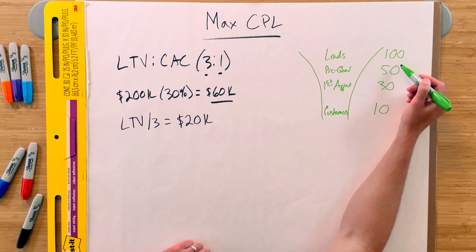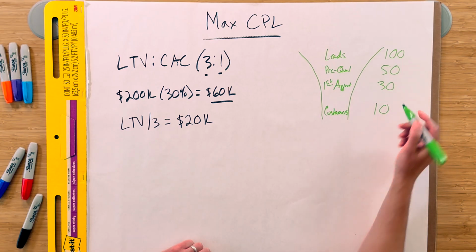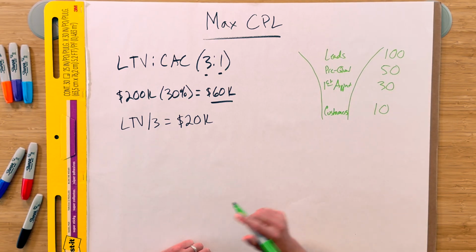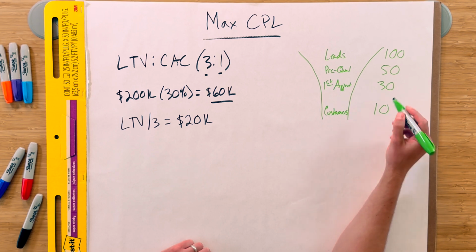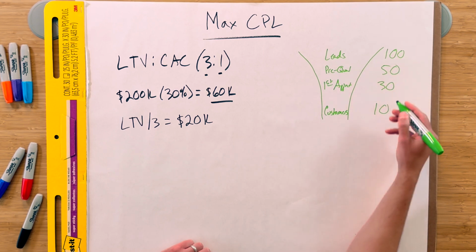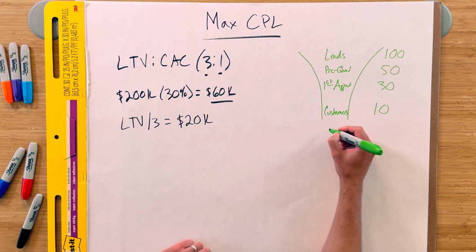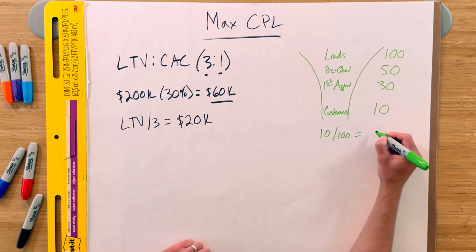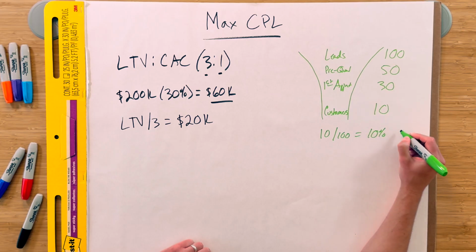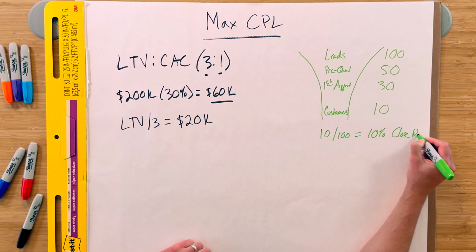You actually don't need all of these numbers if you want to do a quick math on this. We just need to know what your close rate is from customers back to raw leads. And so we're going to take this 10 and divide into 100, and that is a 10% close rate.